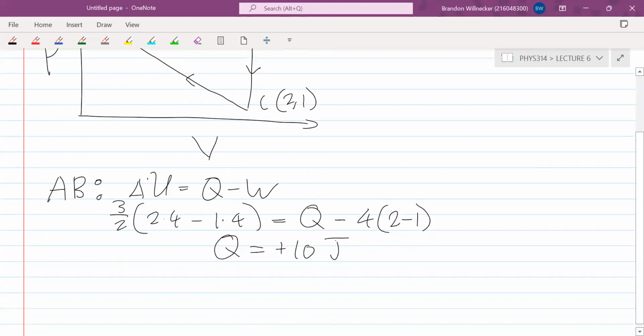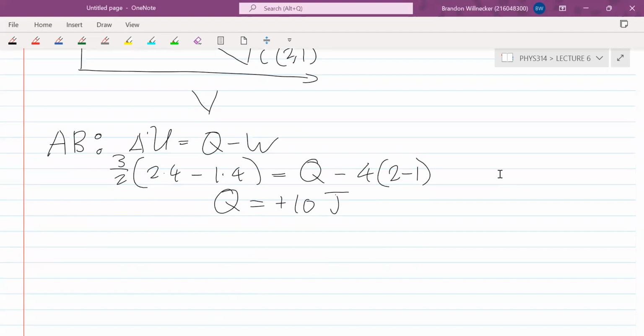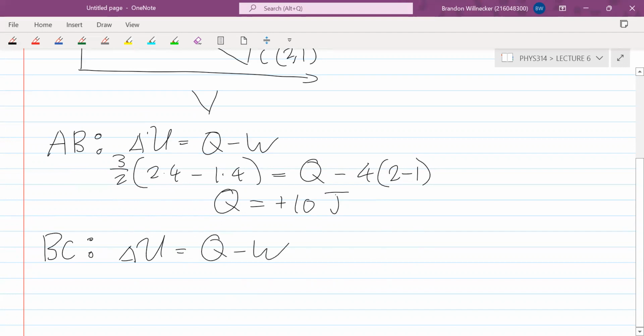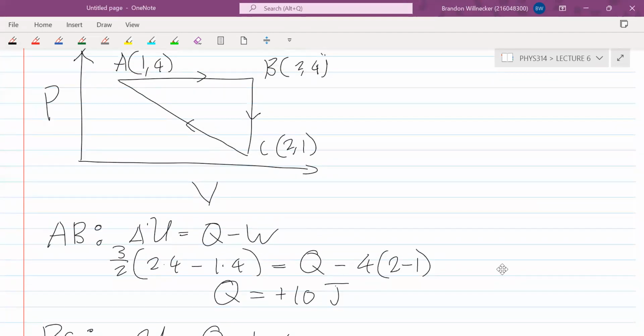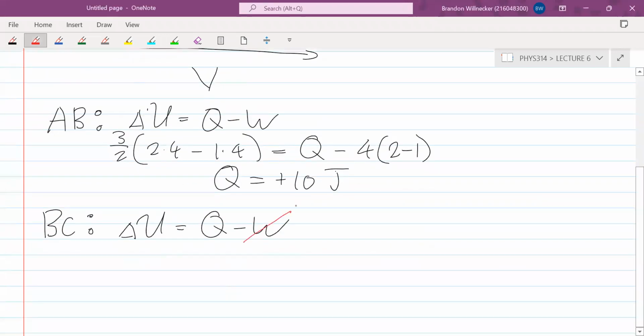What about BC? Let's have a look at that. Again, delta U is equal to Q minus W, but we see immediately BC is isochoric, so the work done is 0, and we can just get rid of that term. Whatever the change in internal energy is, that's the amount of heat transferred.